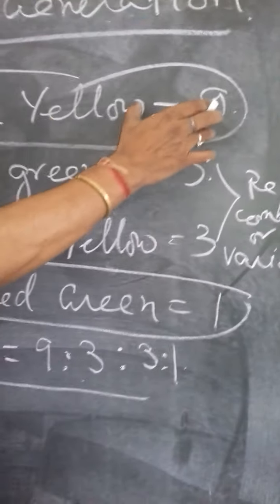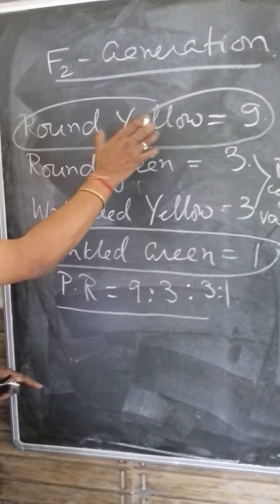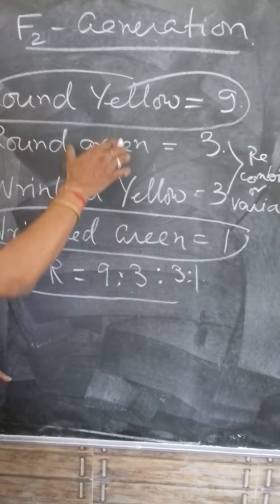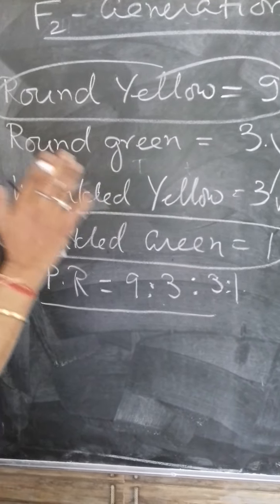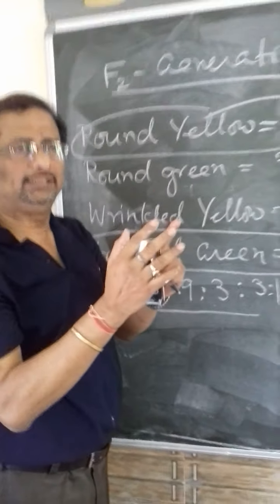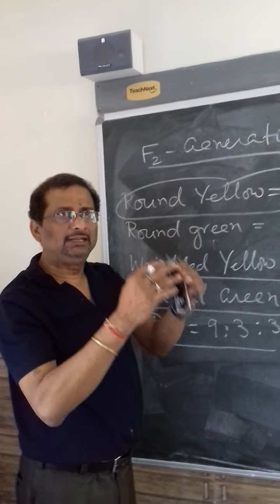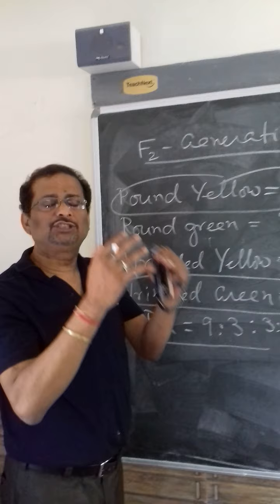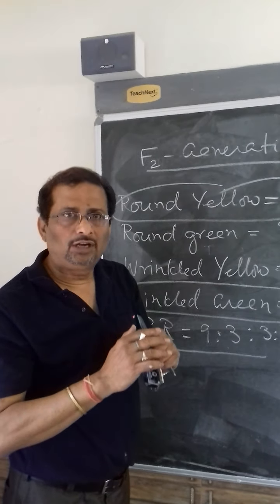So the parental generations are in the form of round yellow and wrinkled green, and these 2 become the recombinants, which are the new or the variants. Now that is what we say independent assortment, that when 2 characters are crossed together, they form the offspring. These offspring are expressed independent of each other and they do not blend.